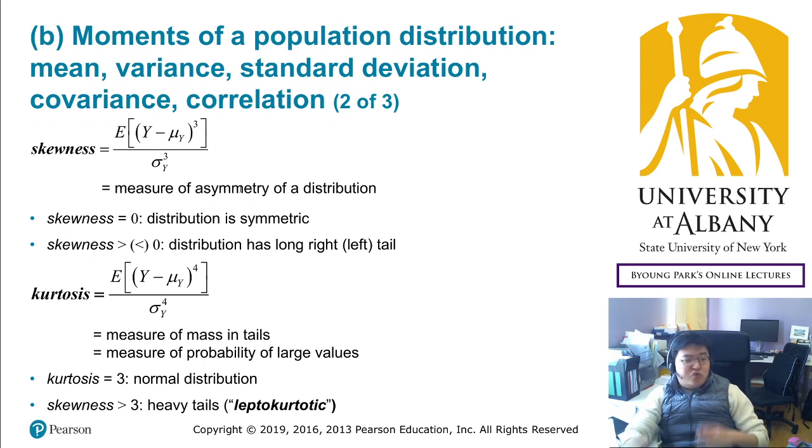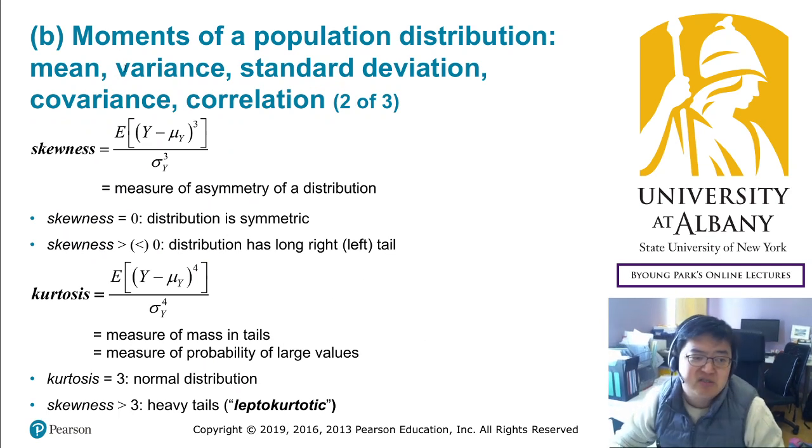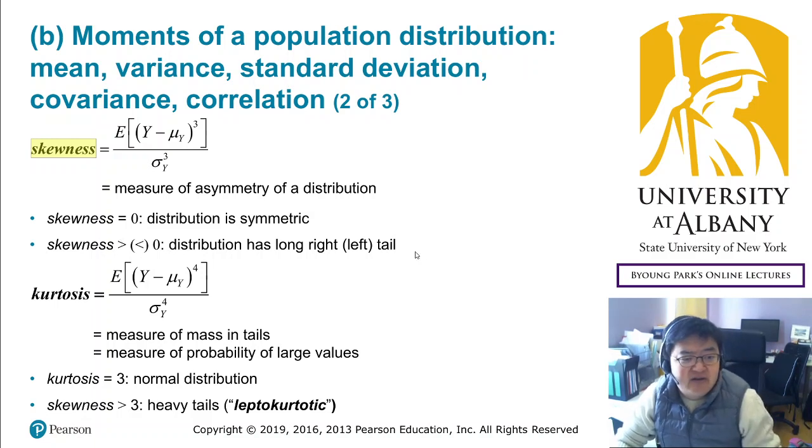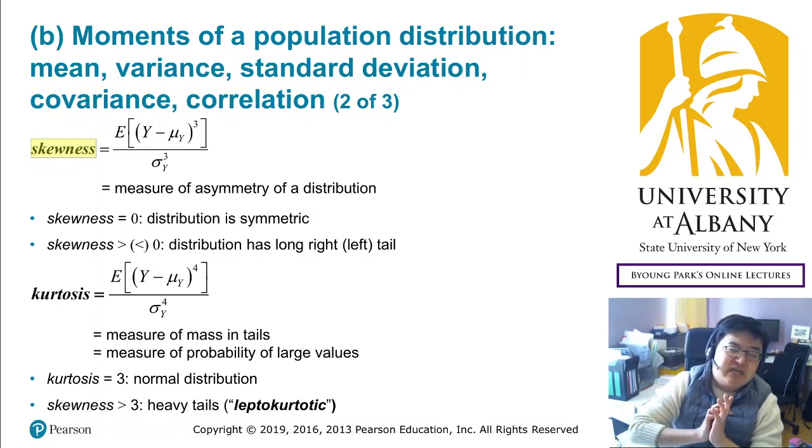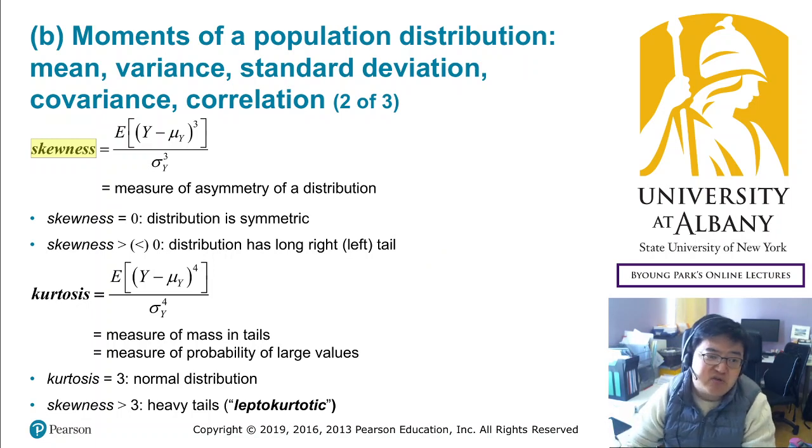You don't need to know this, but let me just explain briefly. I mentioned briefly in 320 about skewness. Skewness itself is not important. It's useful because it captures asymmetry of the distribution. If skewness is 0, it means the distribution is symmetric. But if skewness is positive, that means there are some extremely large values in the distribution.